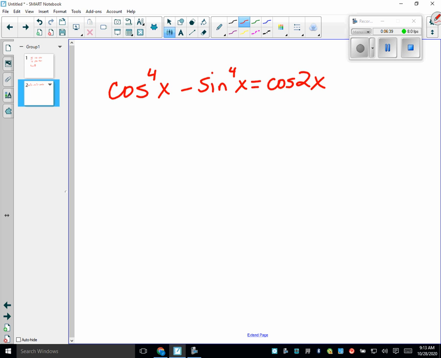But is this cosine to the fourth minus sine to the fourth the difference of two squares? That's the thing I was talking about. I couldn't remember the words. I was saying squares. So would this factor into this?